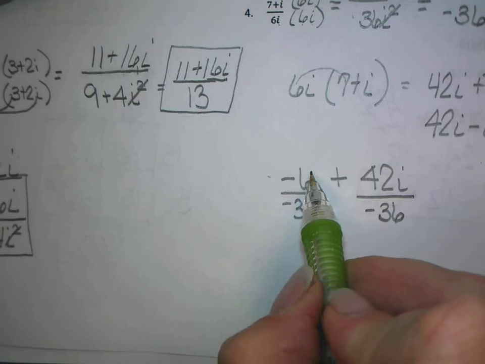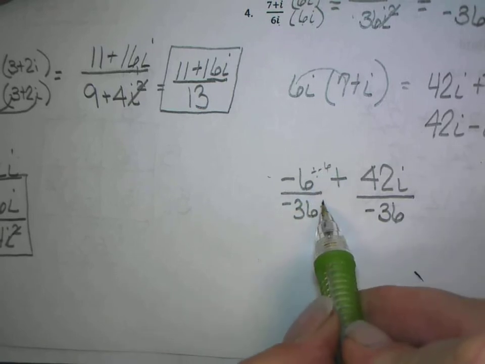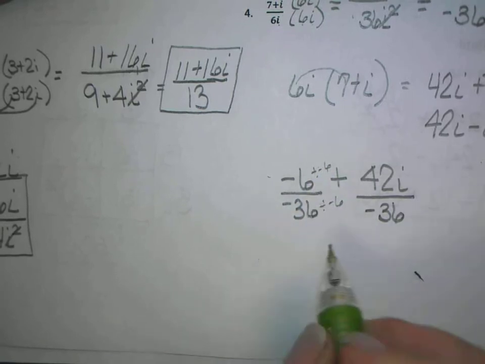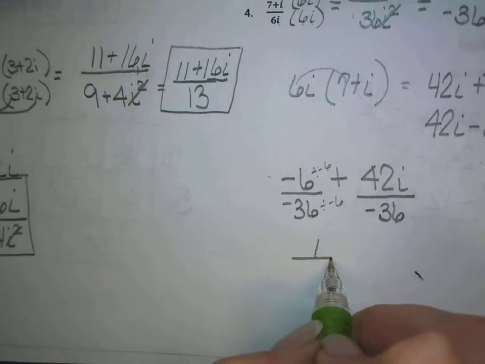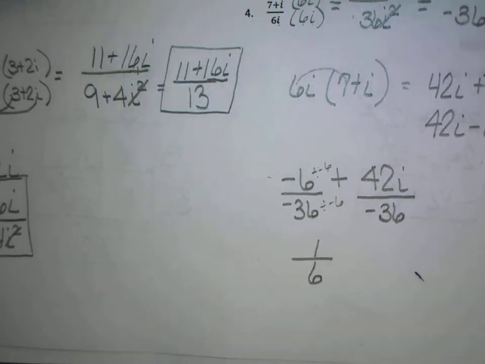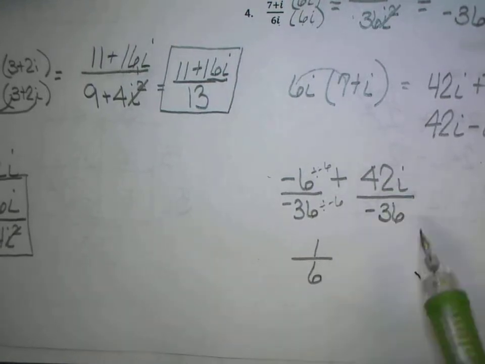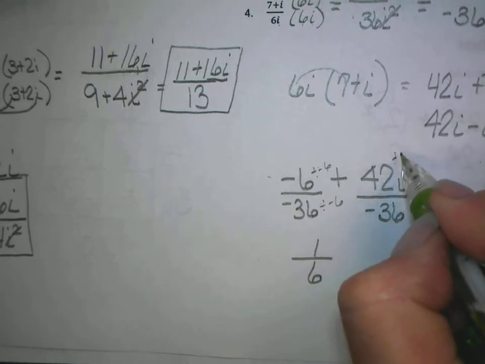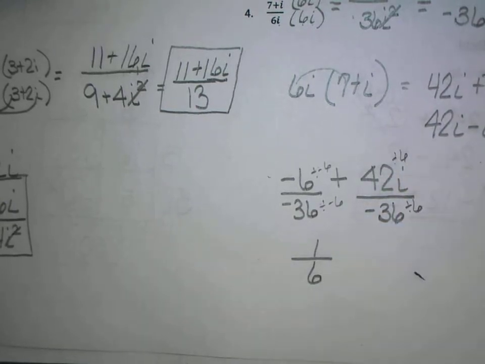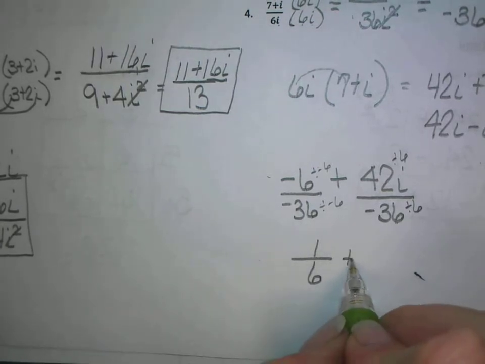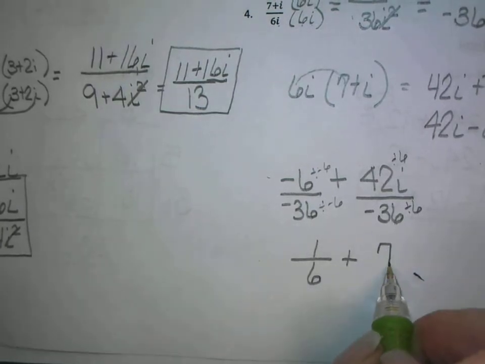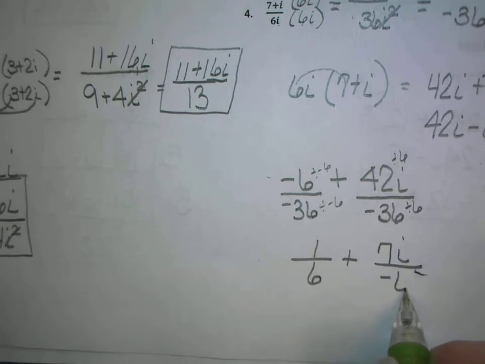So both of these are divisible by negative 6. So this becomes 1 over 6. Now, 42 and 36, again, are both divisible by 6. If you divide them by negative 6, that's fine too. So this becomes 7i over negative 6.